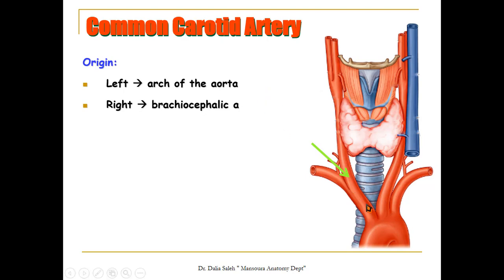So the brachiocephalic artery will split into right common carotid and right subclavian, while the left common carotid arises directly from the arch of the aorta.